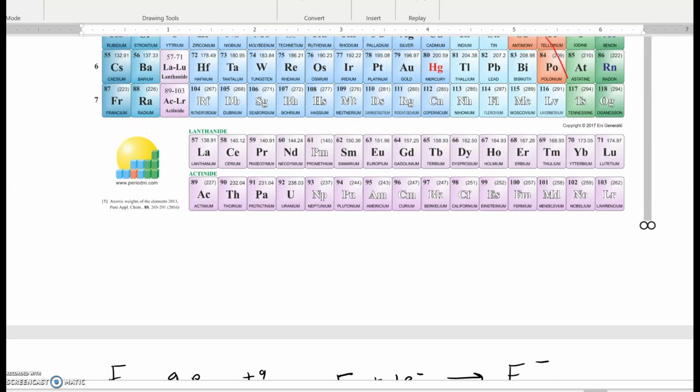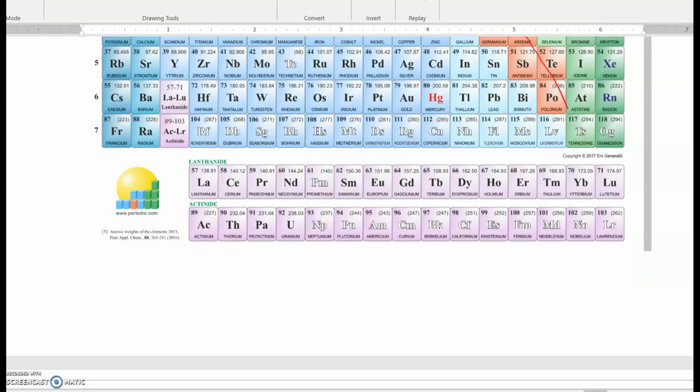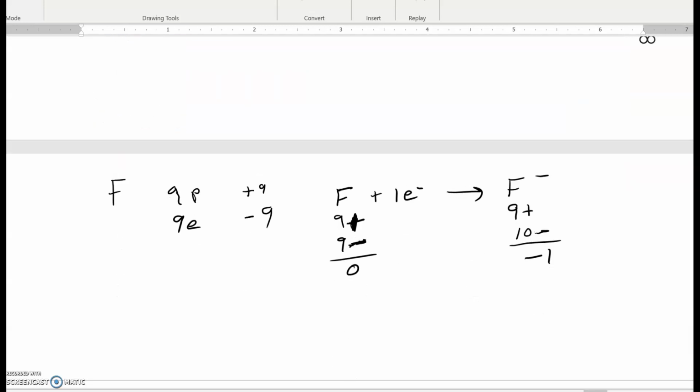So we can use the periodic table to predict charge. Metals tend to lose electrons and become positive. Nonmetals tend to gain electrons and become negative ions. A negative ion, the fluorine on this side, is called an anion.